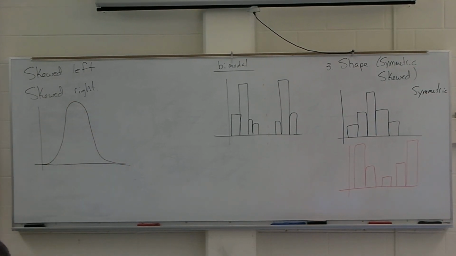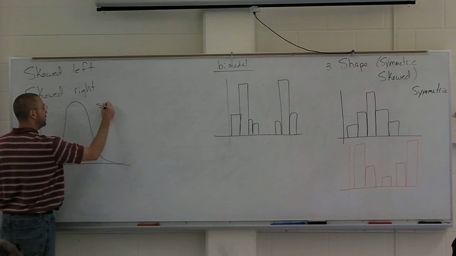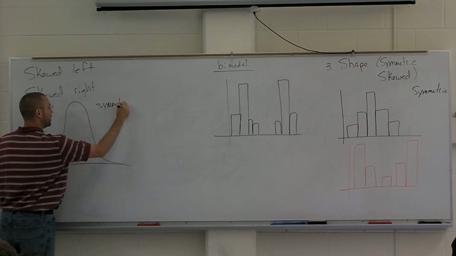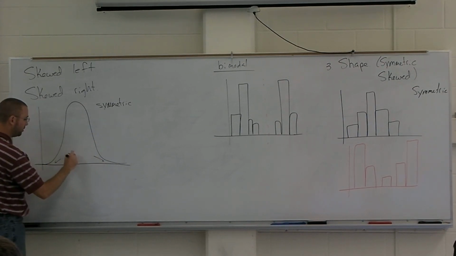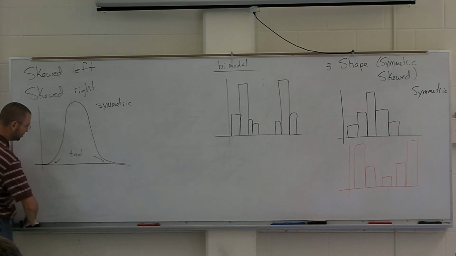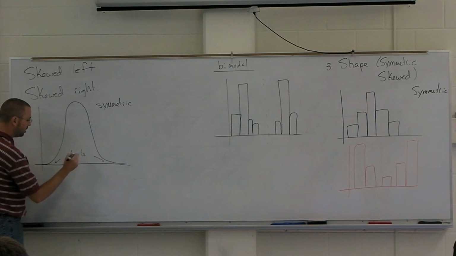This is an example again of what? This is symmetric data, a symmetric shape. When we're talking about skew, we're looking at these two pieces right here. These are what are referred to as the tails of our graph or our distribution.